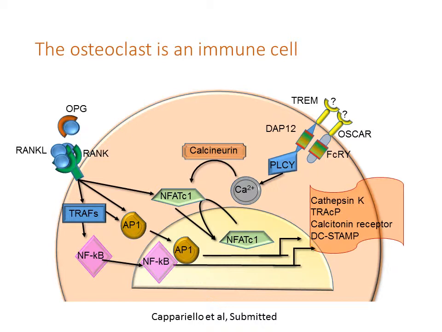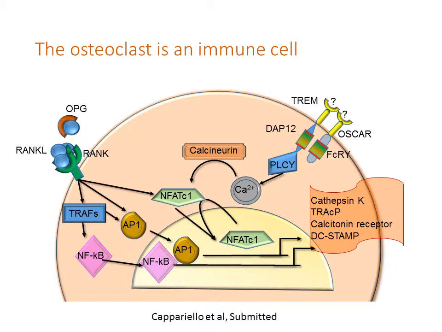RANK ligand is produced by a number of cells, including the osteoblasts, lymphocytes, and other cells, and activates RANK, which stimulates a number of signaling molecules that leads to the expression of osteoclast-specific genes.